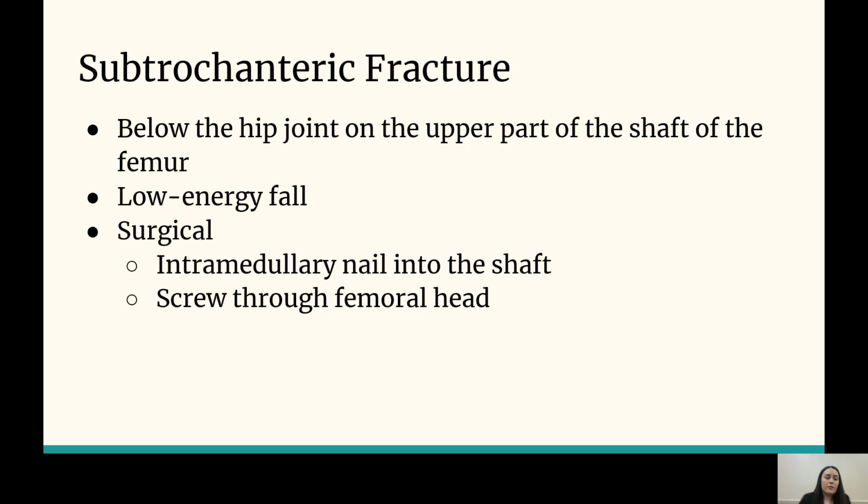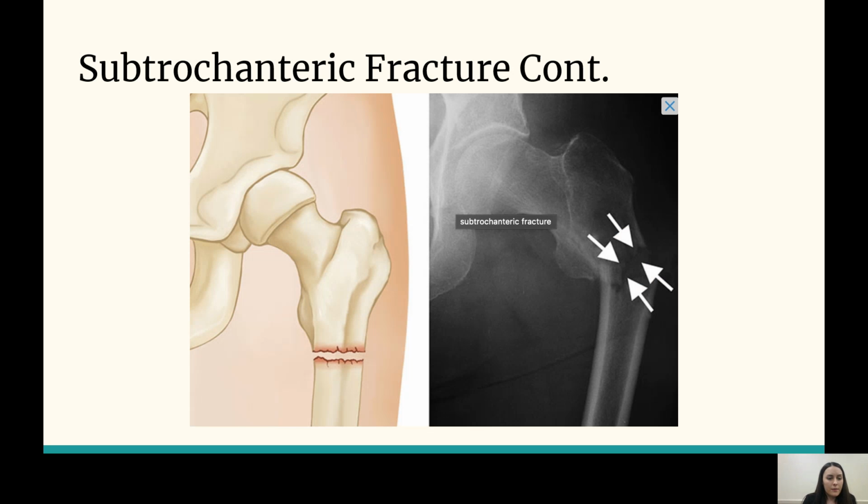They take an intramedullary nail and place it into the shaft and then put a screw through the femoral head. And in this picture, you can see that it's right there at the top of the shaft of the femur, and in this picture it has arrows pointing to that specific region.